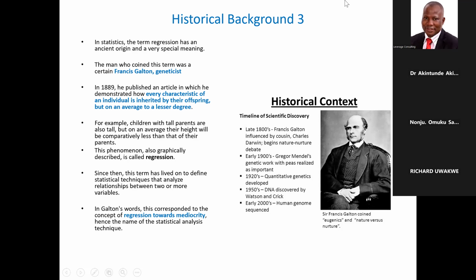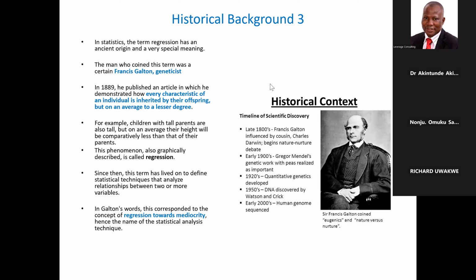So let's give some historical prelude. Well, the one I've been giving is part of it anyway. In statistics, the term regression has ancient origin and very special meaning. The man who coined the term was a certain Francis Galton, a geneticist.